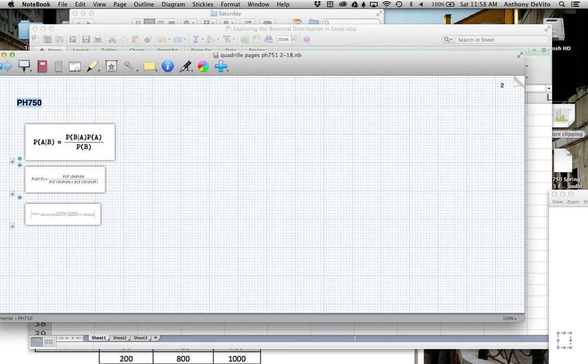The way I would indicate that is the probability of having the disease given that you tested positive. That's the positive predictive value. There's a lot of ways for us to get to that.